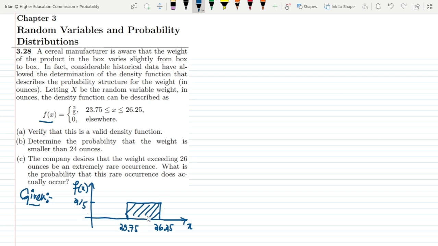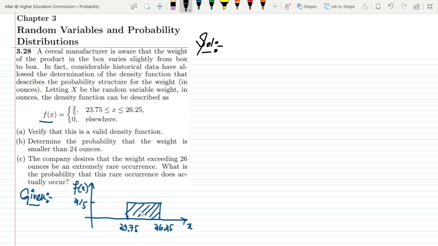The value of it is 2 by 5, and we have to find different answers given in the form of questions A, B, C. So what is part A? We have to verify that this is a valid density function. In order to verify that, what do we have to do here?